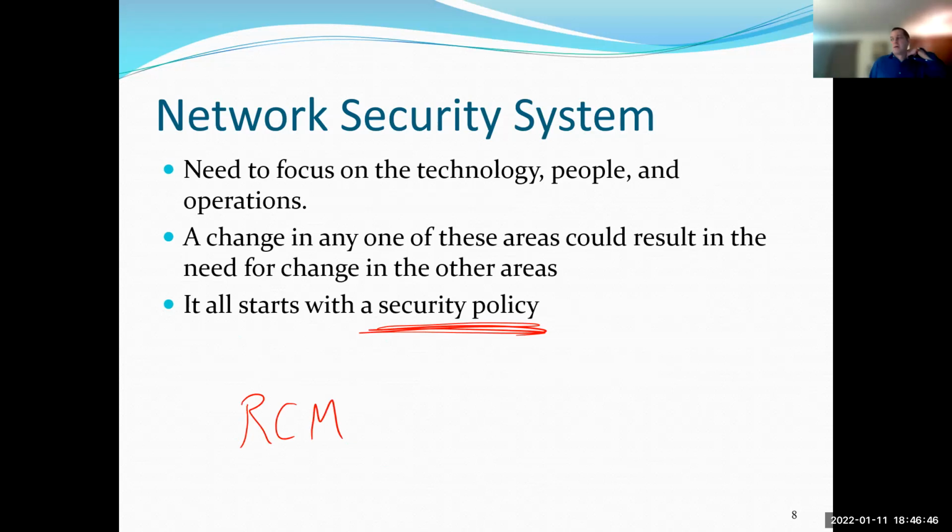Where you identify a set of assets, you identify the threats to those assets, and then the controls. And then you start from there elaborating a security policy of what you want in your network. And then, of course, you have a network architecture, and then you look at the problems that could arise in some of the defenses, which, as stated here, are a focus of technology, people, and operations.